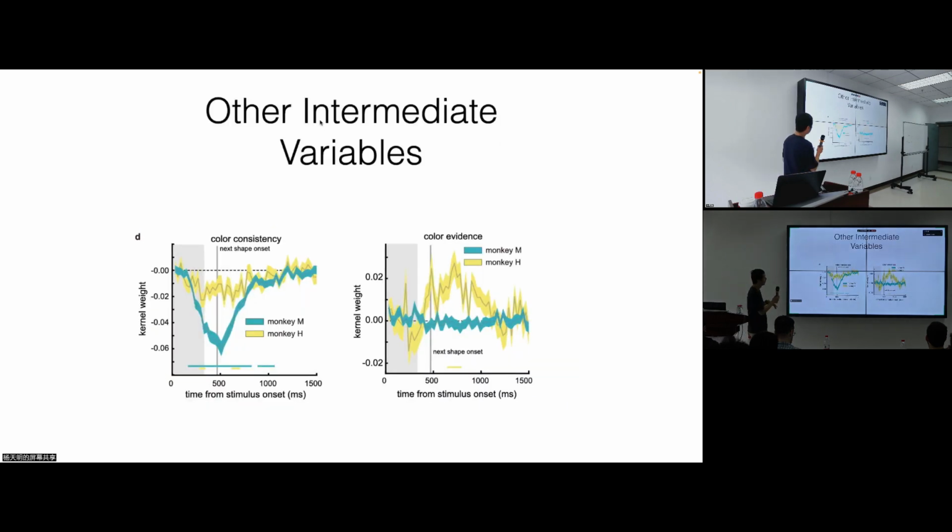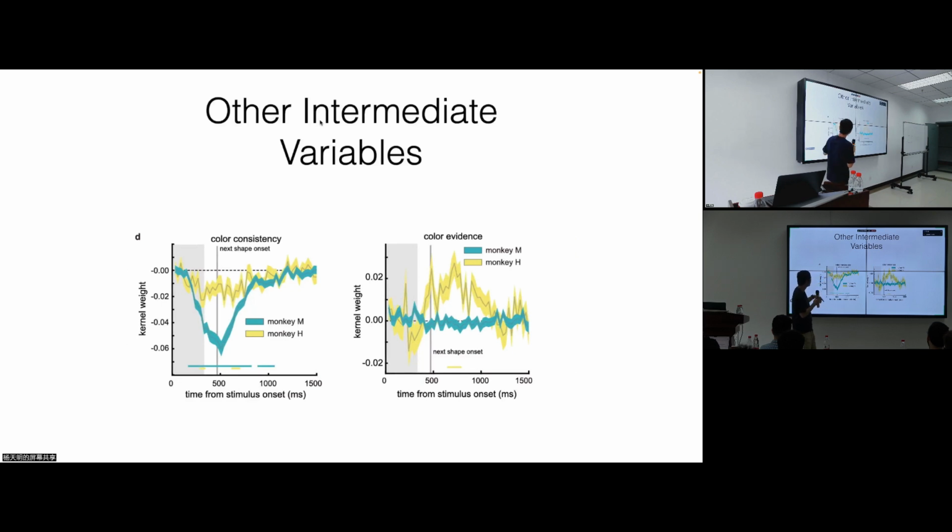Now this is the interesting part. Previously I showed you there are two possible routes, and these two variables are the key difference between these two routes. In one case, you would first decide whether the shape in the center and the target in the response field have the same color or not.